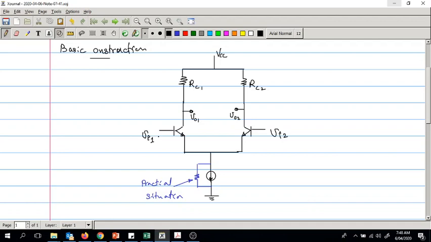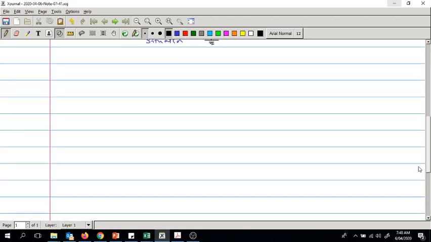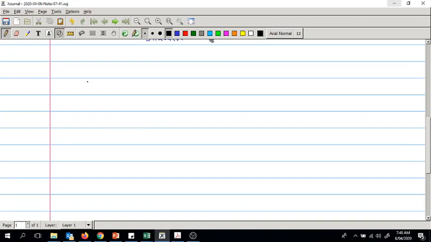Now if you derive the AC equivalent for this, you have a transistor amplifier stage in here, and there also you have a transistor amplifier stage. You can extract one side, and the same would apply to the other side, but don't forget that both the inputs as well as both the outputs would be there.